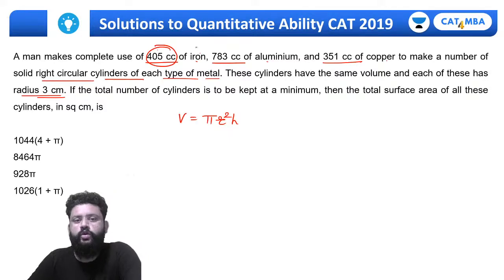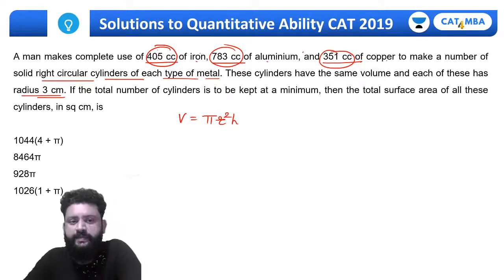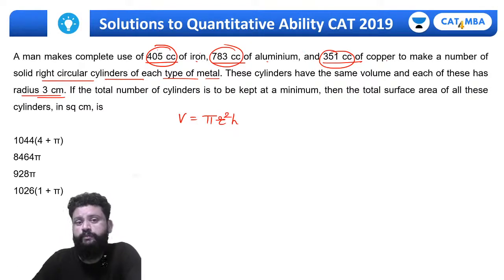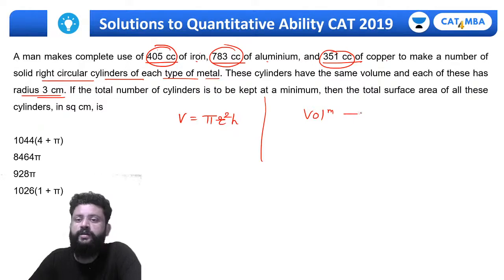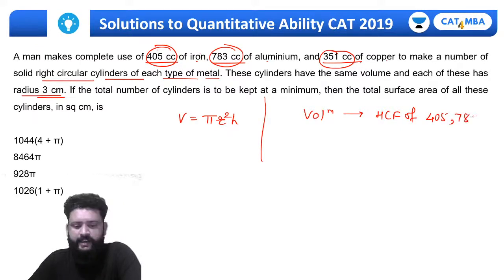Right? So पहला चीज तो हमें ये डिसाइड करना पड़ेगा हमें कितने वॉल्यूम के सिलेंडर्स बनाने पड़ेंगे सो दैट ये मेटल जो है ये प्रॉपरली यूज होने चाहिए. दैट सिंपली मीन्स volume of the cylinder must be HCF of 405, 783 and 351.